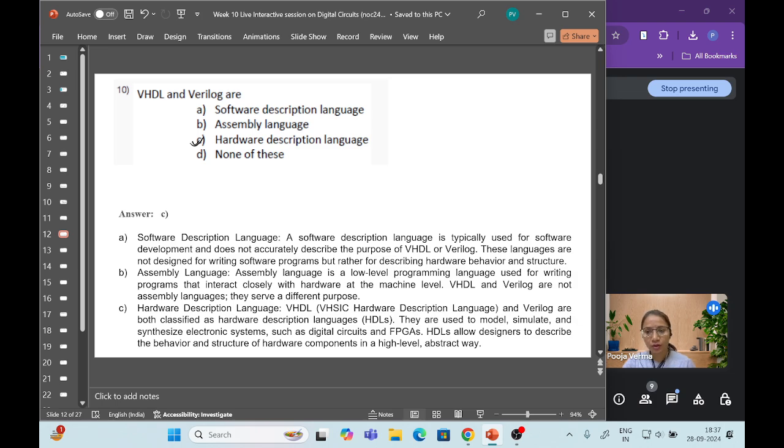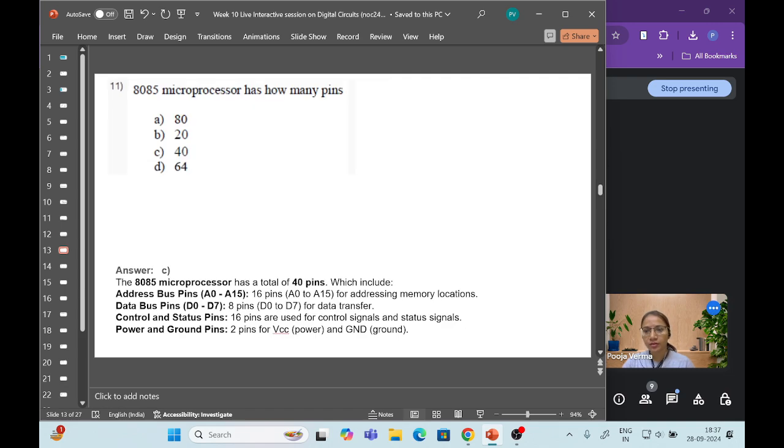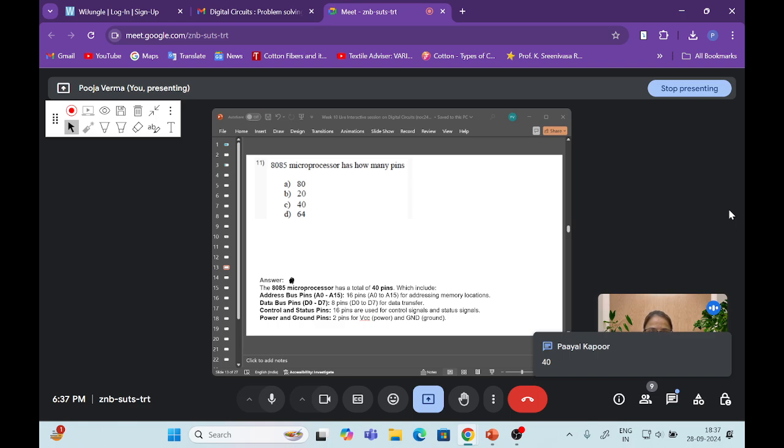So now, moving to the next question. The next question is: the 8085 microprocessor has how many pins? Already you know that it is a 40 pin microprocessor.